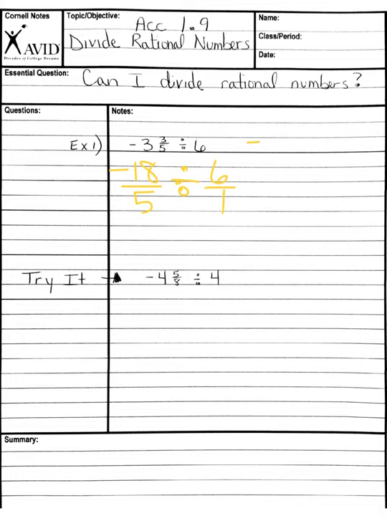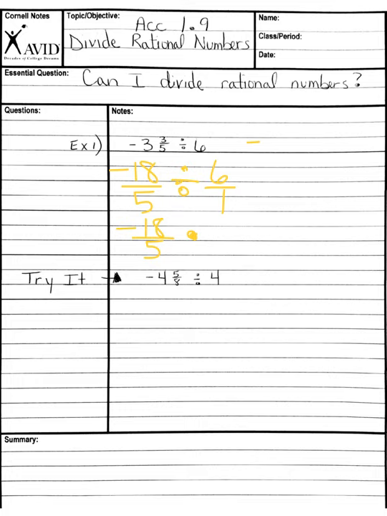But let's review, how do we divide when we have fractions? We change it to multiplication, and we multiply by the reciprocal. So this is negative 18 over 5. We keep the first number, we change to multiplication, and the reciprocal of 6 over 1.